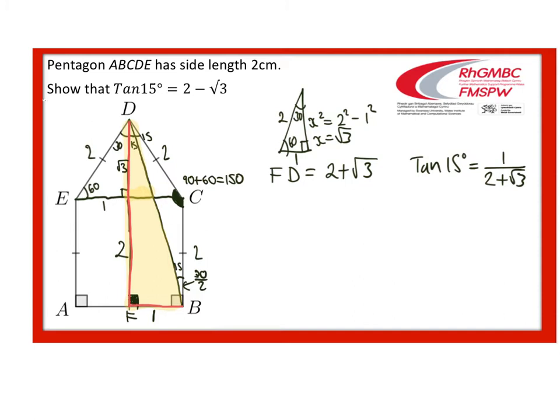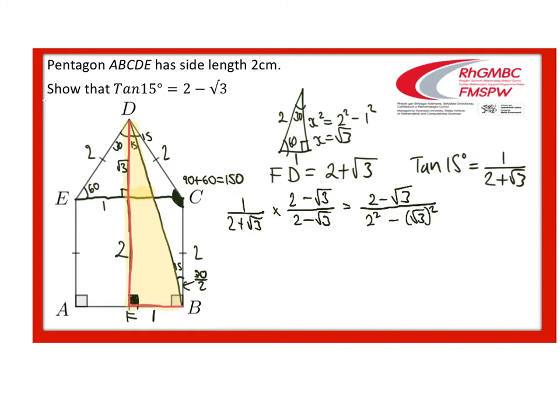Now, unfortunately, we're not quite there yet. I need to take this expression 2 plus root 3 and rationalise it by multiplying top and bottom by 2 minus root 3. So in the numerator I get 2 minus root 3. In the denominator I'll get 2 squared minus root 3 squared, using a plus b times a minus b equals a squared minus b squared.